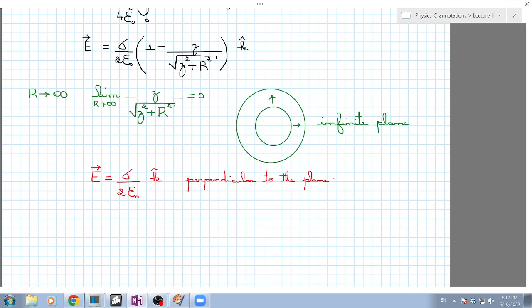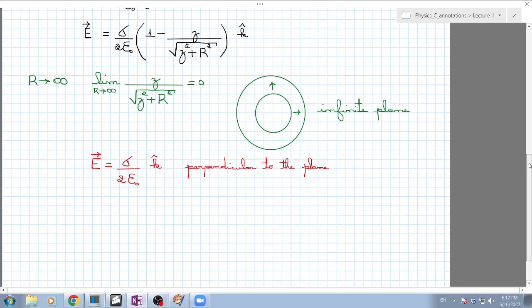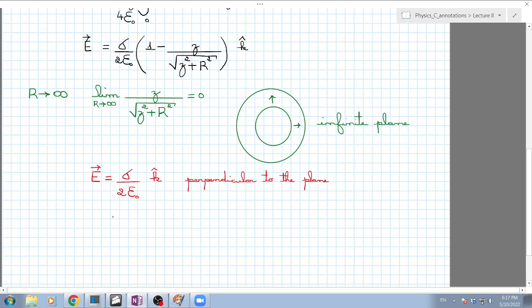So to understand this, that's one of the major significances in this case. First of all, for this kind of case you have the electrical field that is perpendicular to the plane.